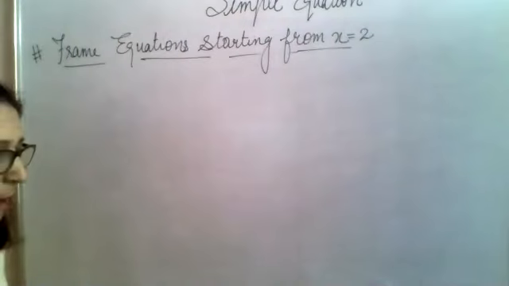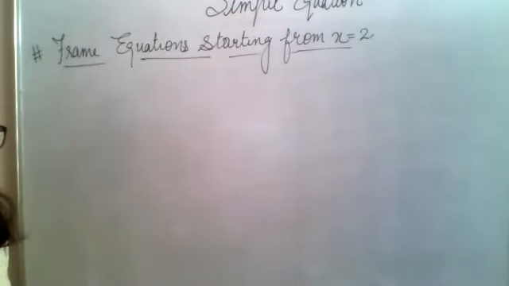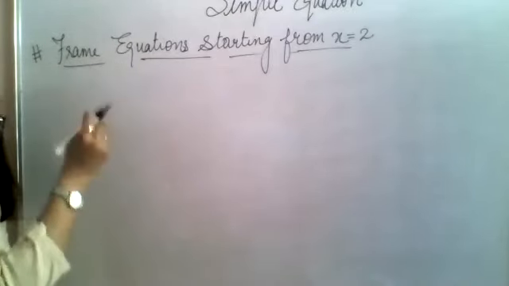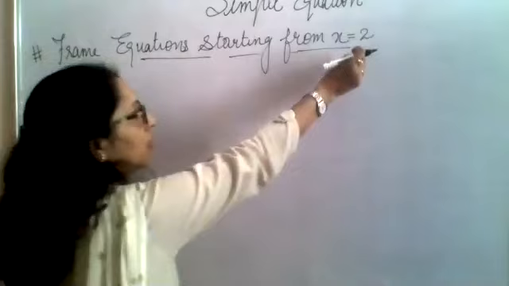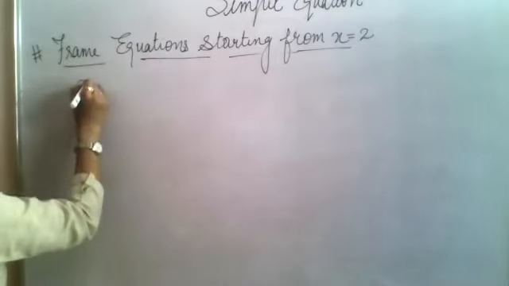I'm just giving you an example: an actor acting as different personalities, Gandhiji, Shaheed Bhagat Singh or anyone, but ultimately that personality is that one only. In the same way, this equation should look different, but when you solve, your answer should come x equal to 2. Now, in this, the systematic method will help you. Let's do how.